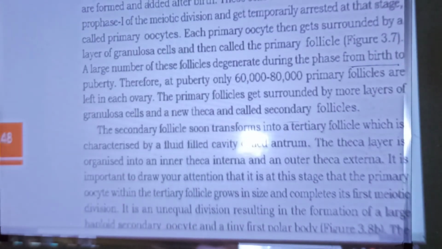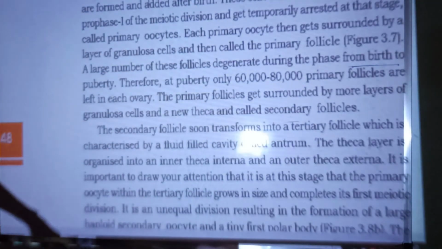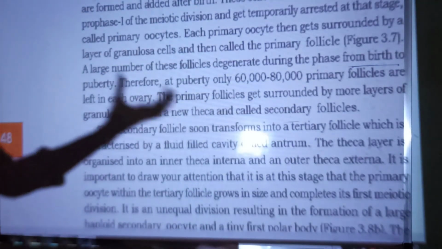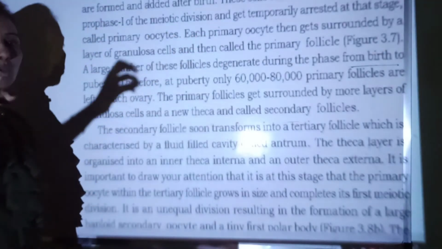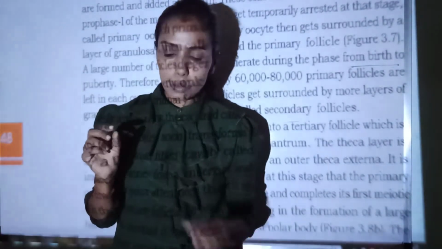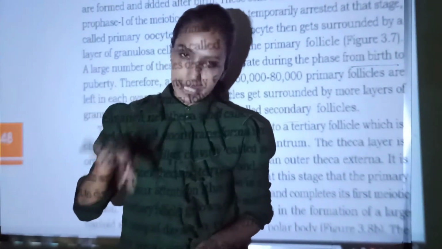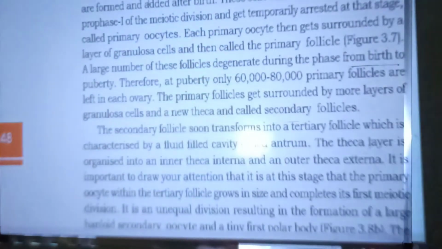In the fetal stage of a female child, a couple of million gamete mother cells, called oogonia, are formed in each fetal ovary. Here we are referring to a female fetus.